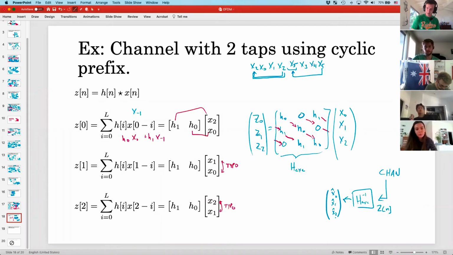Does anyone, this is a long shot, and I know this is the second long shot I've taken on linear algebra in this lecture, but does anyone know the nice properties about circulant matrices in terms of their eigenvalues?